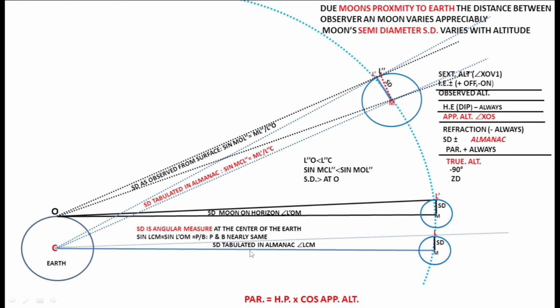So your semi-diameter, what you're observing now when you're at the surface of the Earth, is more than what has been tabulated for you in the almanac.